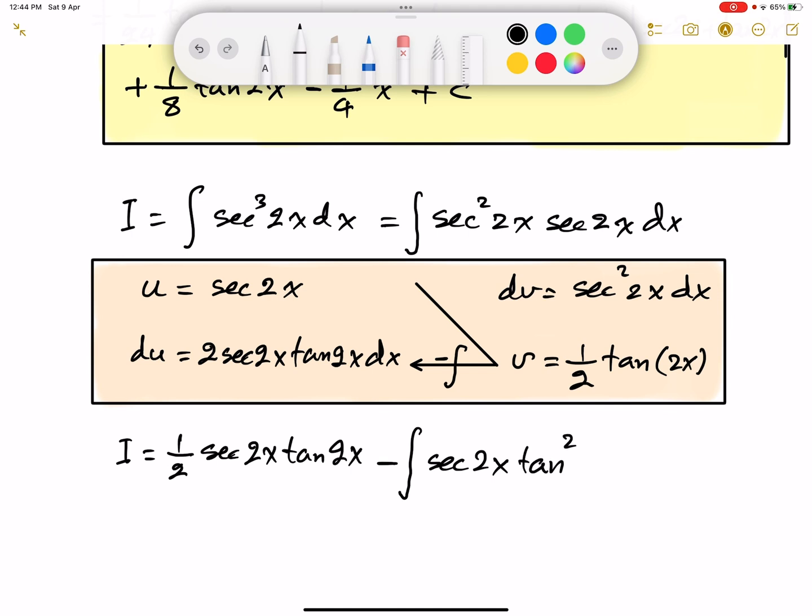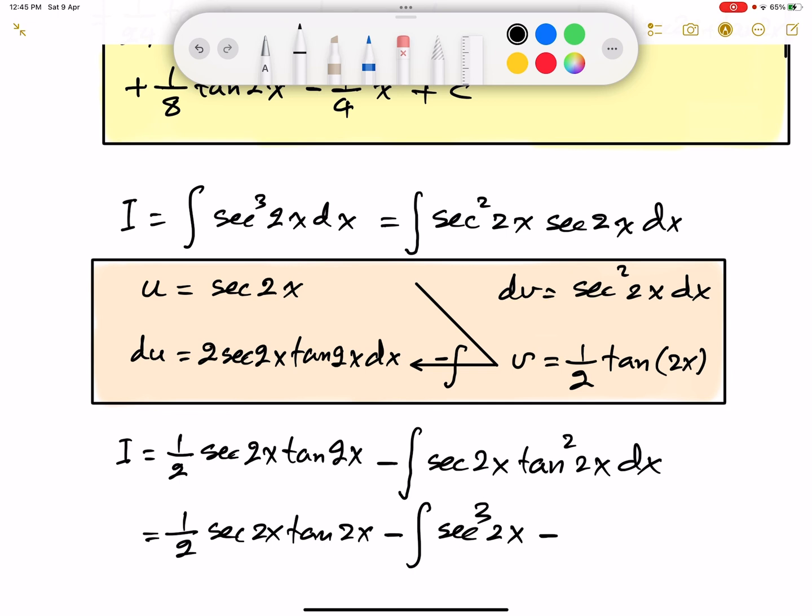So tangent squared of 2x, and of course dx. And then this is going to be equal, same thing here, secant twice x tangent twice x minus, and then what we're gonna do, we're gonna rewrite the tangent squared as secant squared minus 1. So that's gonna give us secant cube twice x minus secant twice x, and I will close that dx.